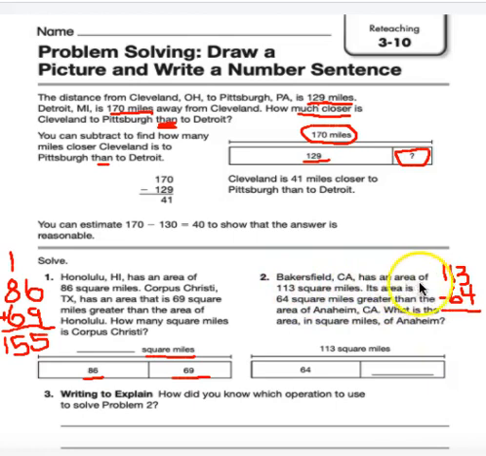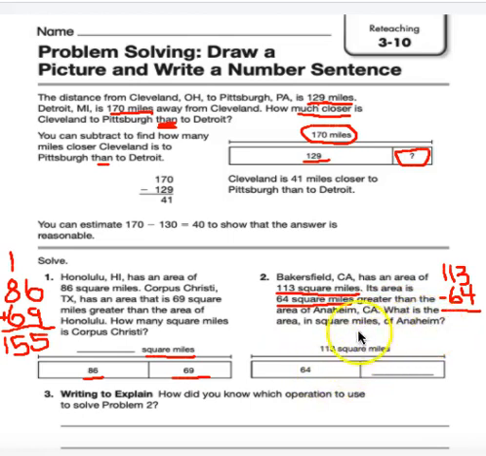Bakersfield, California has an area of 113 square miles. Oops, I didn't do this on the last one. I need to do this. 113 square miles. Its area is 64 square miles greater than the area of Anaheim, California. What is the area in square miles of Anaheim?